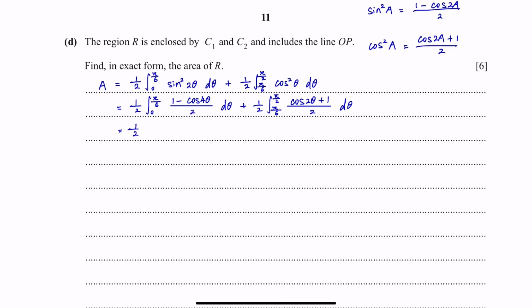Now we can just integrate it. This is 1 over 2 theta minus 1 over 8 sine 4 theta plus, this should be 1 over 4 sine 2 theta plus half theta.